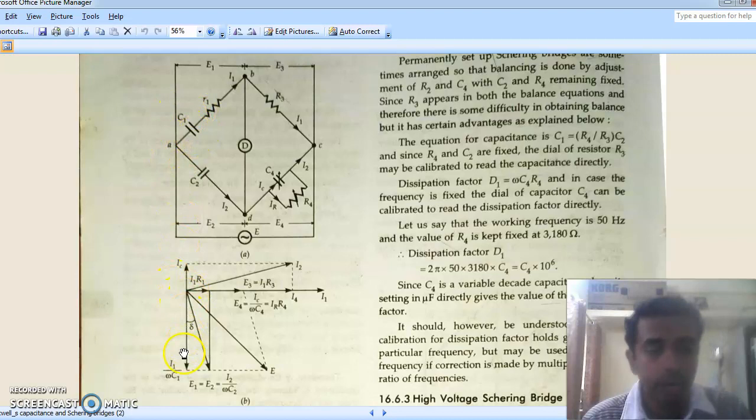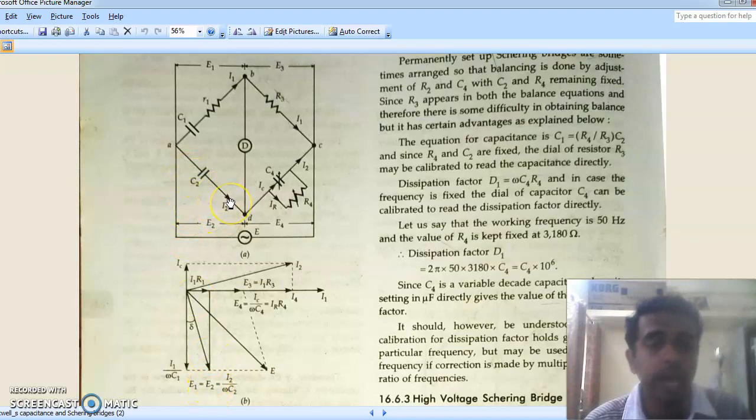The current through the capacitor will be leading the voltage. So I1 is the current through the capacitor, and the drop will be lagging the current by an angle of 90 degrees. So that drop is I1 by omega C1. If I take the vector sum of I1 R1 and I1 by omega C1, I'll get this diagonal, which represents my E1, which is equal to E2 as well. So what is E2?